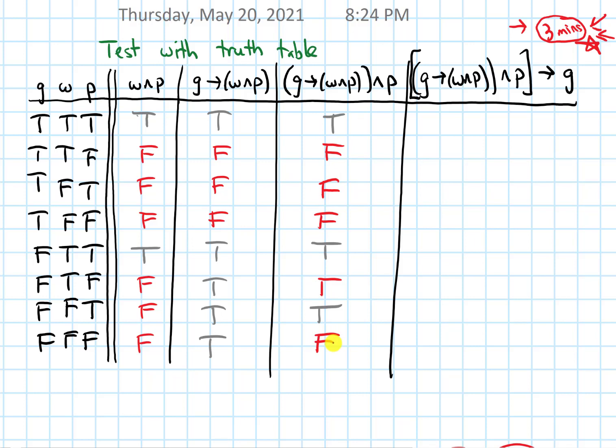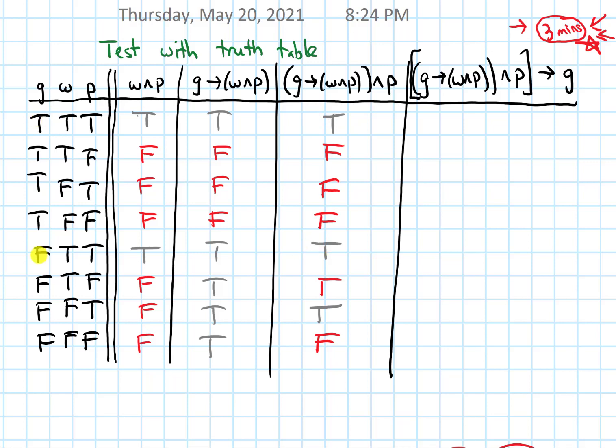And then finally, we put it all together and we have to do this big thing, which is the previous column implies G. So the only way for that implication to be false is if this column is true and the G column is false. So let's see, does that happen in any of these? So this is true, but that's true, that's fine.